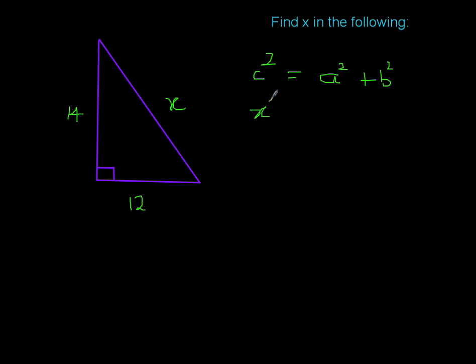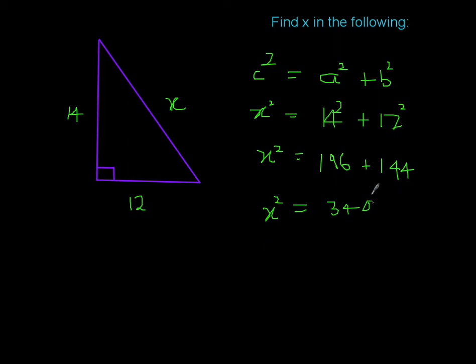So x squared equals 14 squared plus 12 squared, plugging them into a calculator. x squared equals 196 plus 144. Now x squared equals 340.